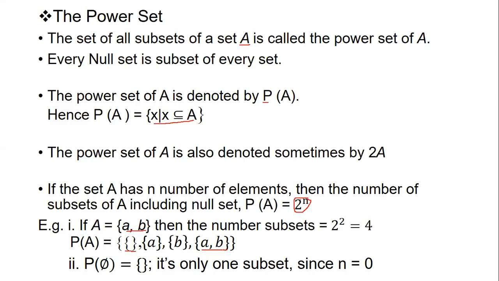So you can get the set of A, which will also be a subset of A, B. Then the set of B. And these two will be included to make it 4. So we have the power set of A: the null set, the set of A, the set of B, and the set of A, B.